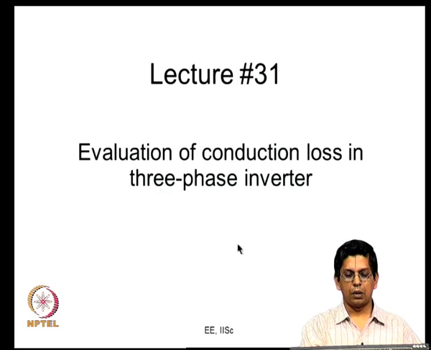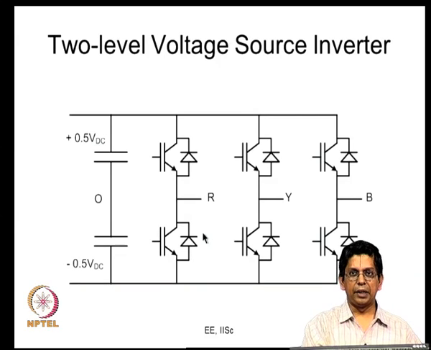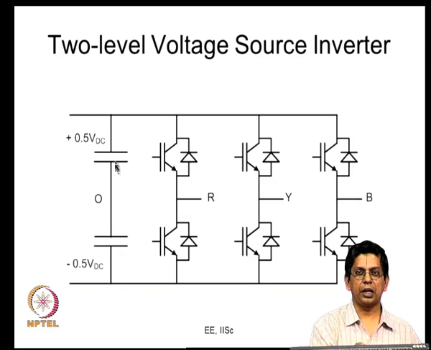So, now we get started with the exact topic for today, which is conduction loss in a 3-phase inverter. As I said, all these days we discussed them as ideal. In the last lecture we looked at evaluating the current, and once you know this current flowing, it is possible for you to evaluate the capacitor current.